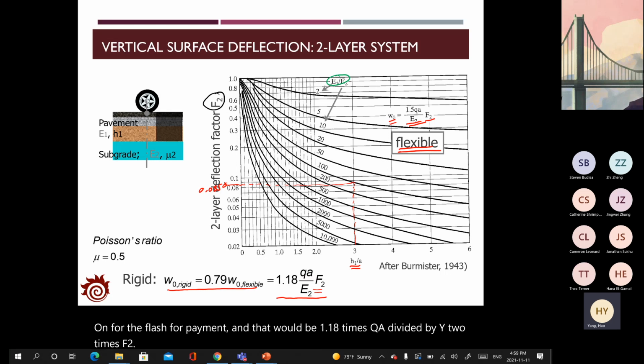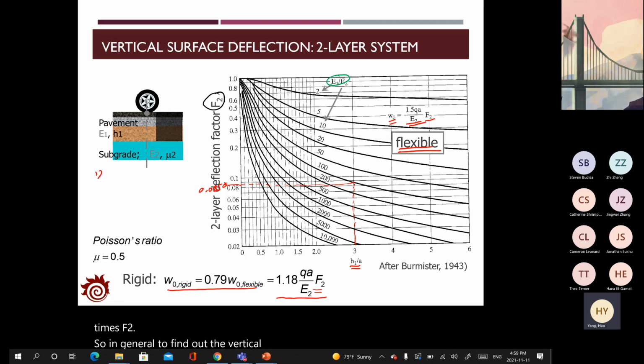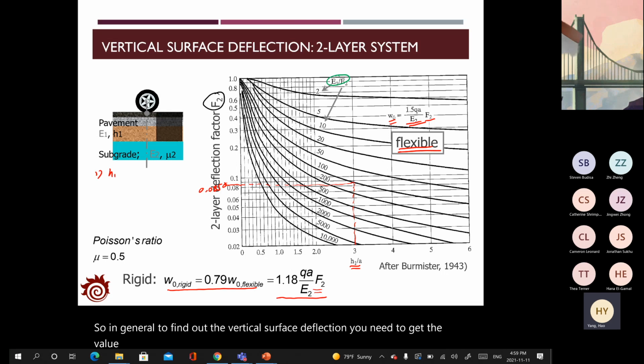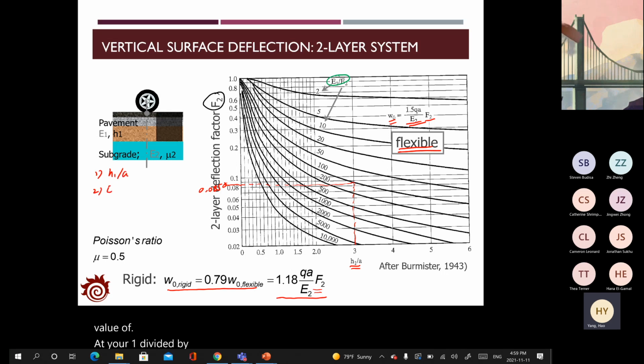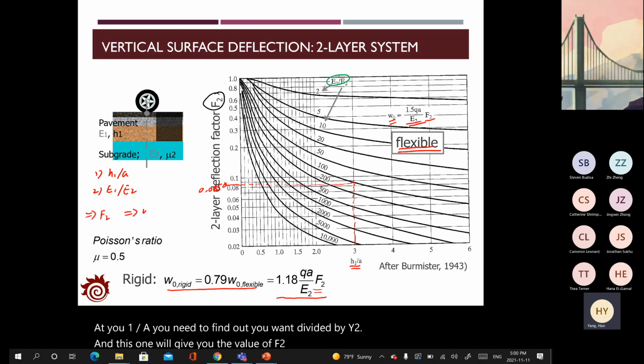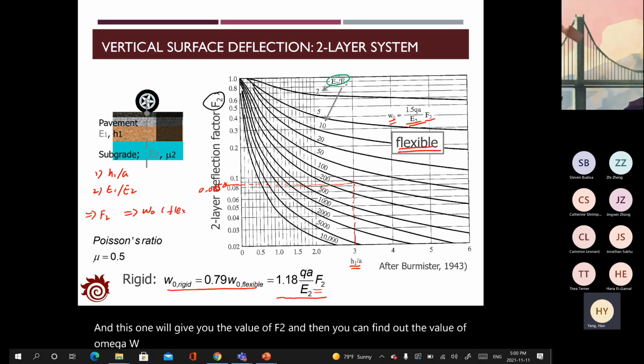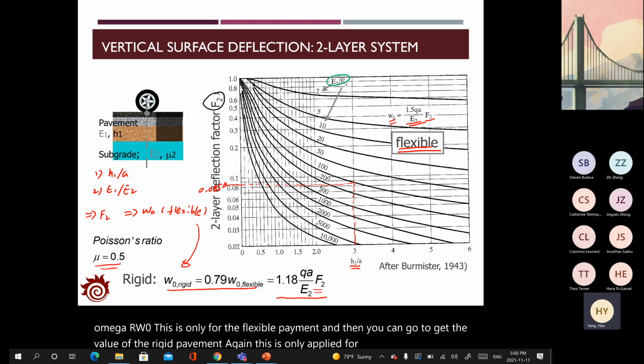So in general, to find out the vertical surface deflection, you need to get the value of H1 divided by A. You need to find out E1 divided by E2. And this will give you the value of F2. And then you can find out the value of omega W0. Again, this is only applied for the materials with the Poisson's ratio of 0.5.